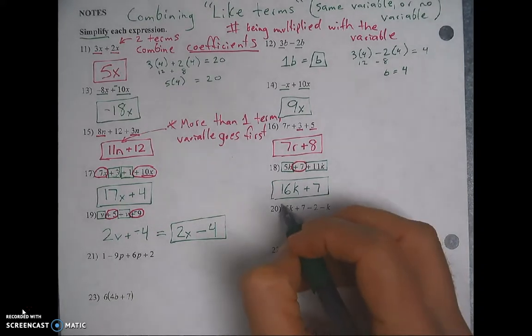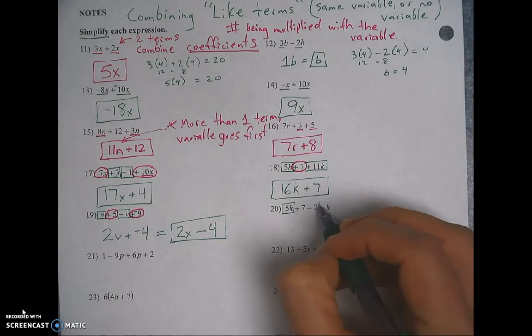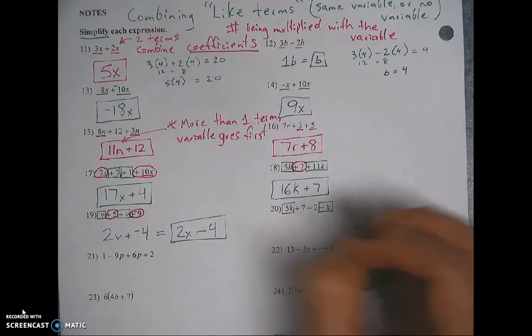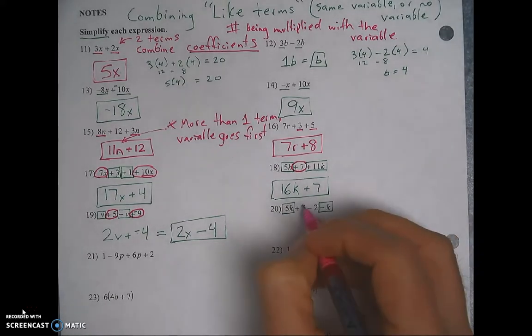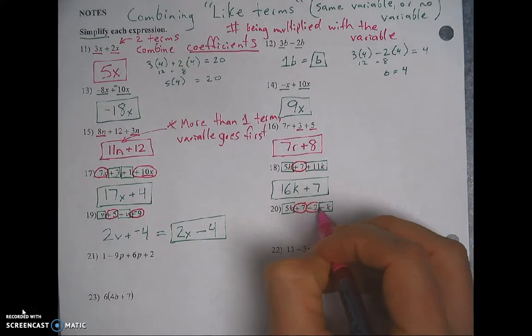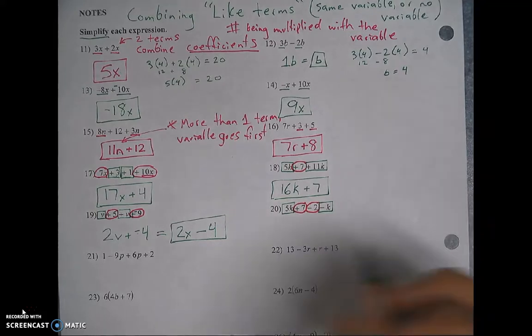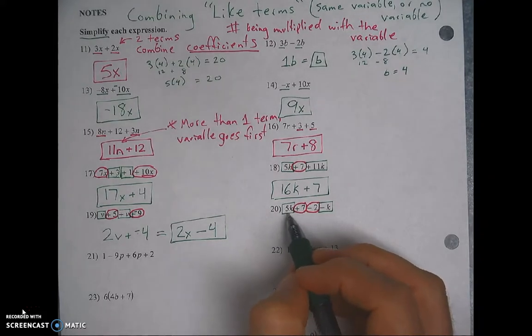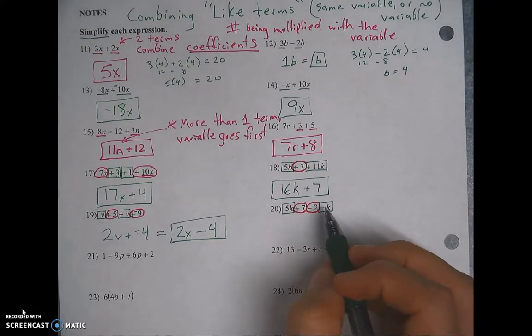Okay, number 20. Box in your k's, include what's in front of it, so that minus is with that k. And your numbers, I'm going to put in circles, is a plus 7 and a minus or a negative 2. So here we go. 5k and a minus k, or a negative 1k. So think of it as 5 minus 1 or 5 plus negative 1.